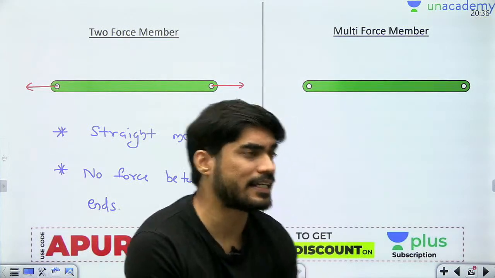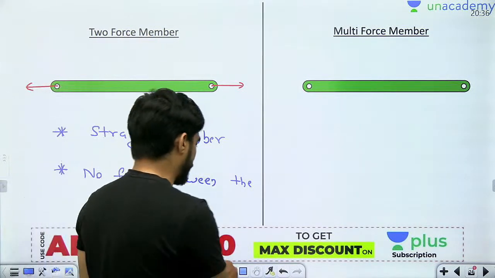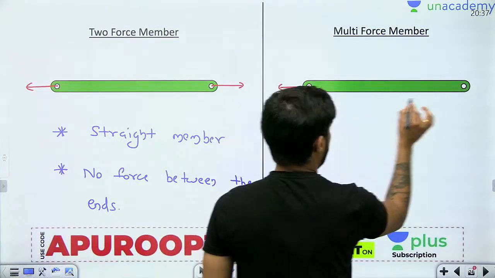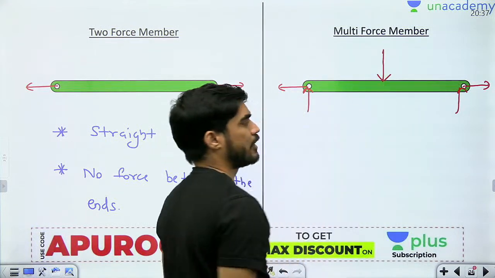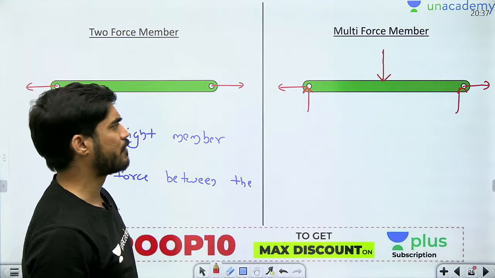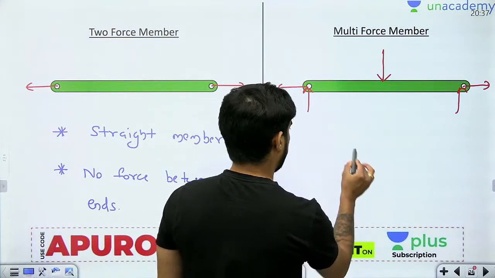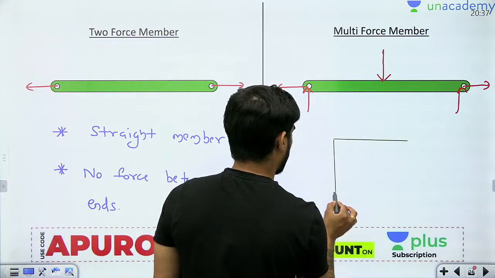So both these criteria, when they are fulfilled, you get a two force member. अब मल्टी फोर्स मेंबर में क्या होगा, या तो either there should be a force in between or it should be a curved member. ठीक है, या तो कर्व्ड मेंबर भी होगा तो भी चल जाएगा.